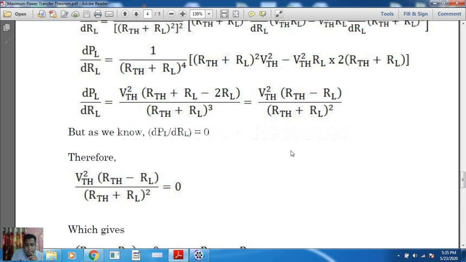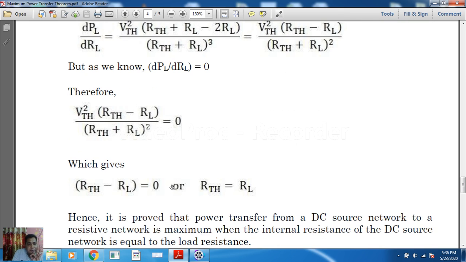From the concept of mathematics, we know that when the first order derivative of a function is equal to 0, it has a maximum value. So if this whole component is equal to 0, then it has a maximum value. That is why we write VTH square into RTH minus RL by RTH plus RL whole square is equal to 0. If we take the square term to the right hand side, it will be 0, and simplifying, RTH minus RL is equal to 0, so RTH is equal to RL.